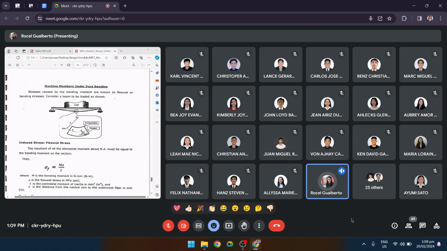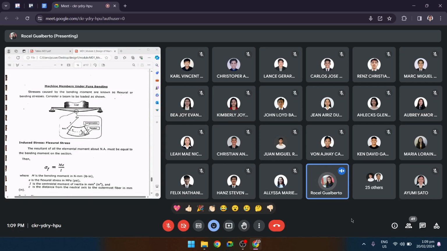A long column that experiences pure bending is designed basically the same as members under pure bending. That is case 3, having a slenderness ratio of greater than 120.